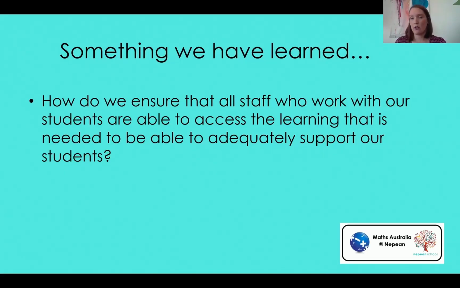I know for us, a lot of our ES are the ones on the front line. They're the ones at the core with the students all of the time, and it is so important that they have the same understanding, the same knowledge that the teachers have. So that's definitely something that Esther and I have been working on.